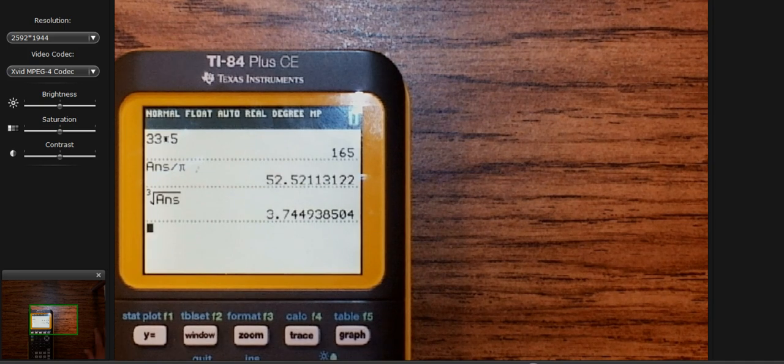So 3.74. 3.74. Answer button down by the negative at the bottom. Yep. Good question.